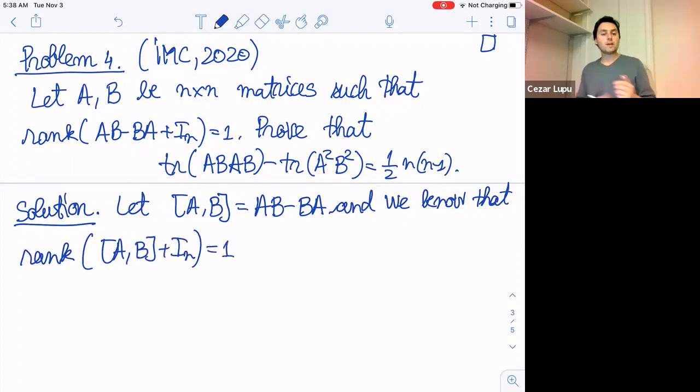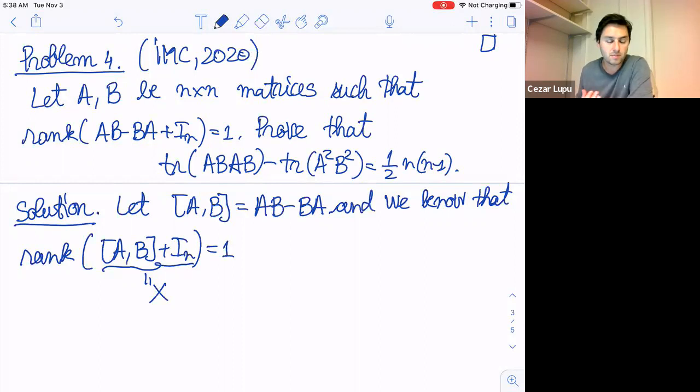And we have done a lemma which says that if I have a matrix of rank 1, let's denote it by X. Keep in mind that an n by n matrix of rank 1 you can write in a very nice way.